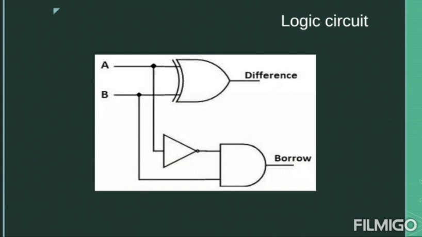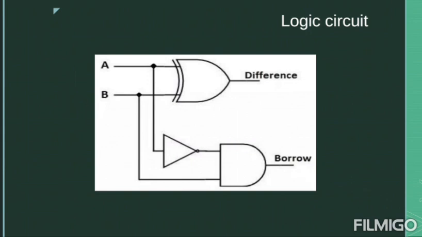So next is the logic circuit of the half subtractor. The logic circuit is shown here, and it requires two inputs and gives two outputs. Here the inputs are represented by A and B and the outputs are difference and borrow, as I mentioned at first. The circuit can be designed with XOR and NAND gates.